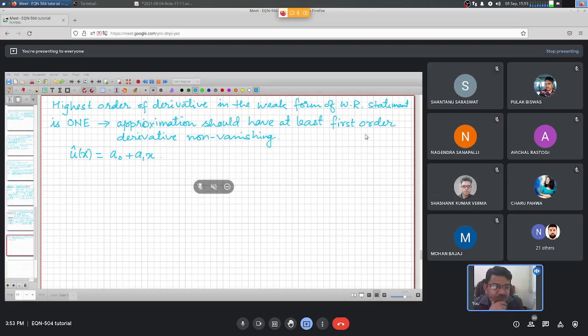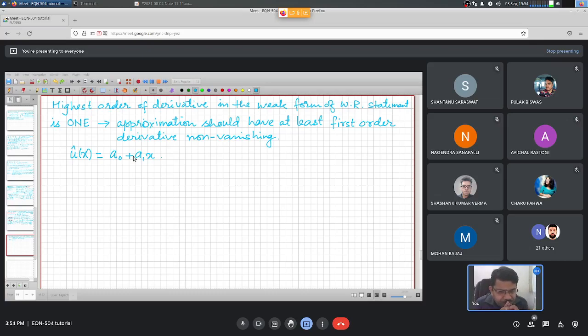The highest order derivative required, the continuity requirement, is just a first order derivative. So if I choose only these two terms, a constant term and a linear term, the approximation condition is satisfied. Now this can be a good approximation, it can be a bad approximation, but the requirement of the approximation is satisfied. So the order of continuity requirement is reduced.